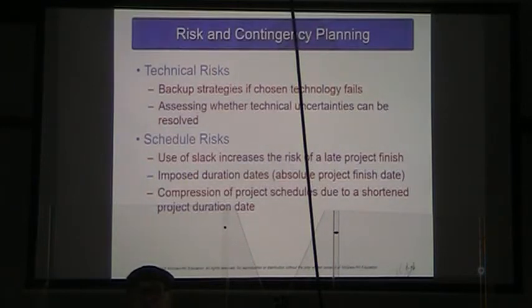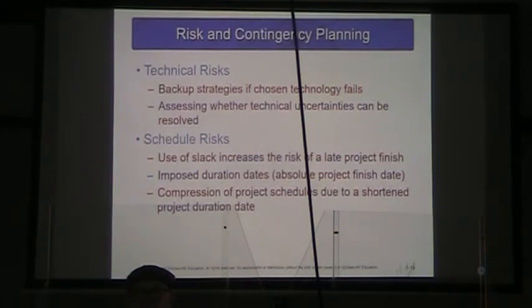Schedule risks, if we use our slack, that does increase the risk that we're going to have a late project finish. And we may have an imposed duration date. In other words, the project absolutely positively has to be done at such and such a time.